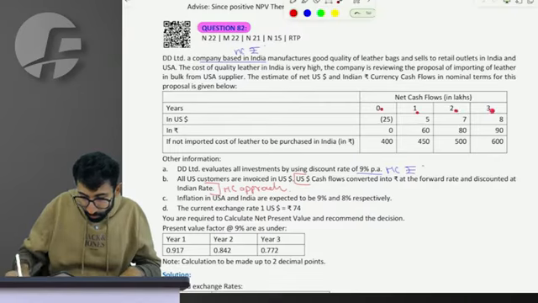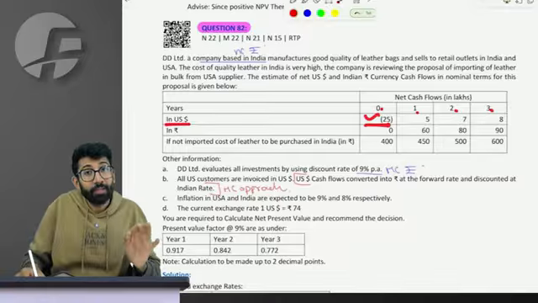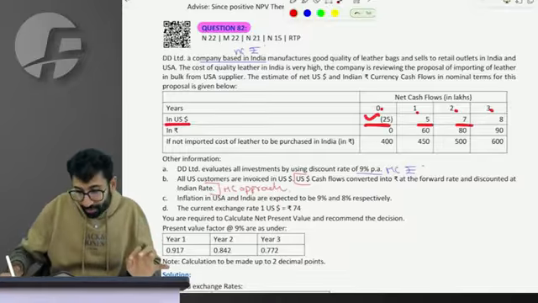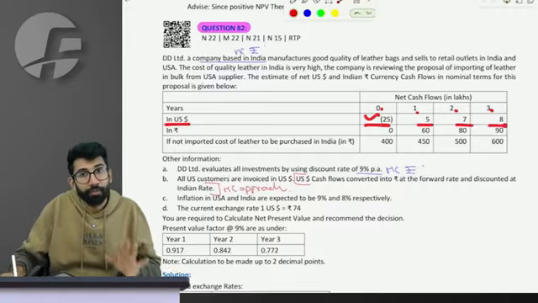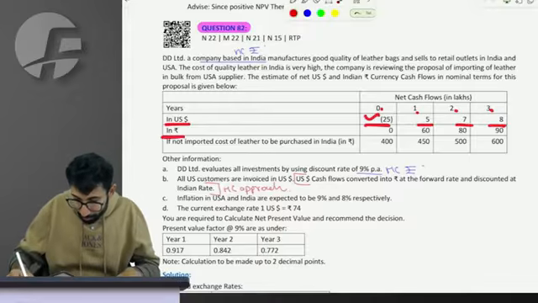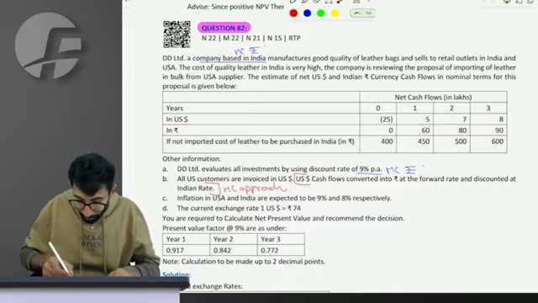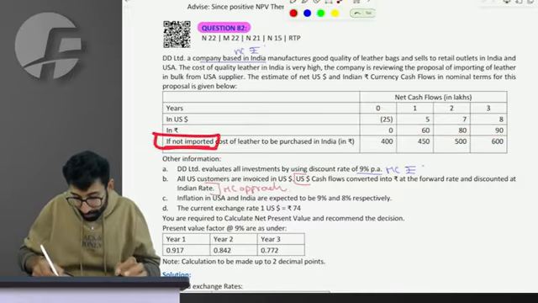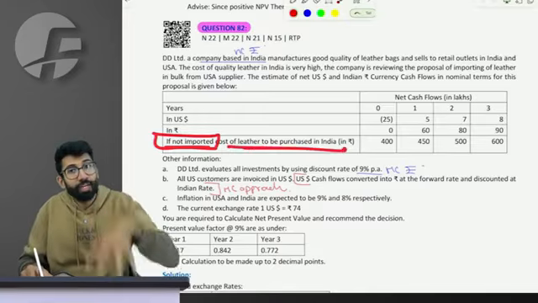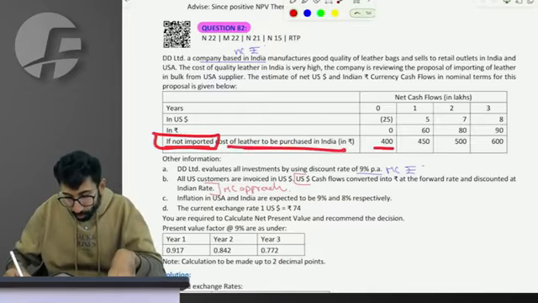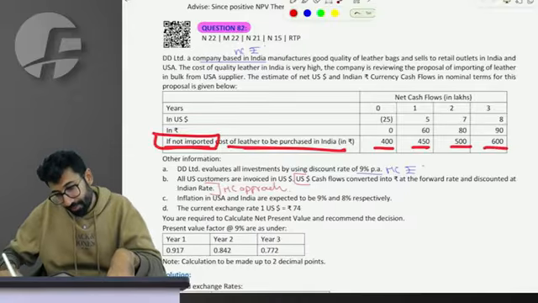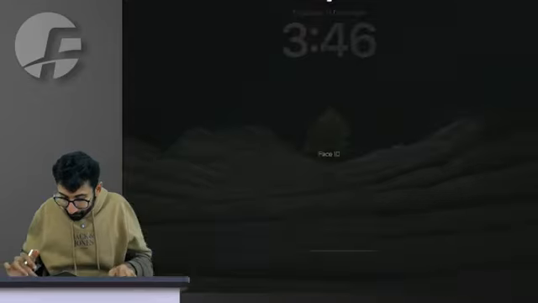In years 0, 1, 2, 3, USD: 0.25 lakh dollar outflow, then 5, 7 and 8 lakh dollar inflow in the respective years. In rupee terms, 60, 80 and 90 lakh rupee inflow. If you don't import the leather from US, the cost of leather that you will have to purchase in India is 400, 450, 500 and 600 at the end of every year. Fine?